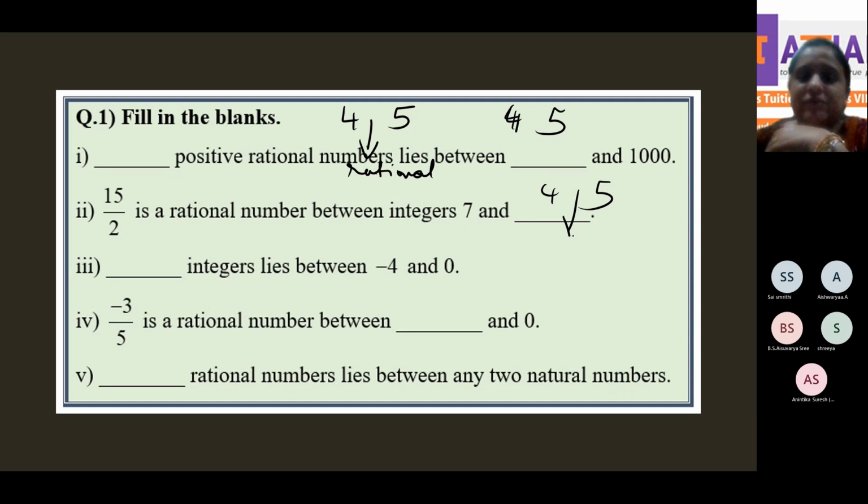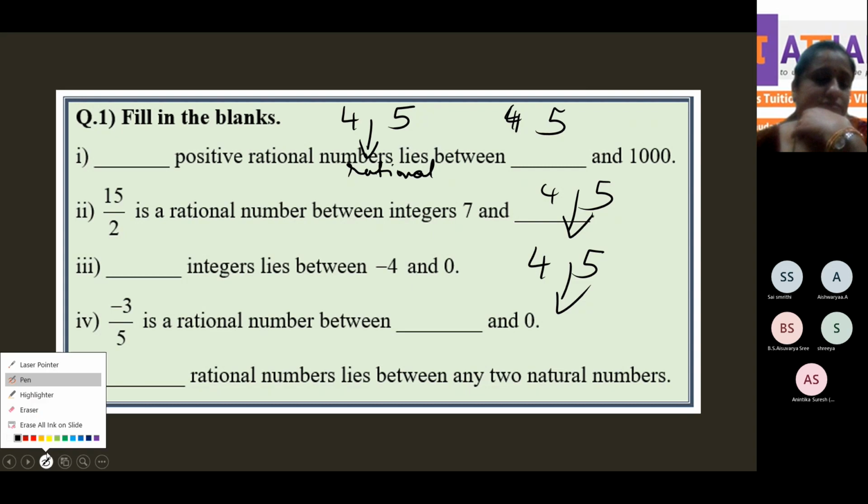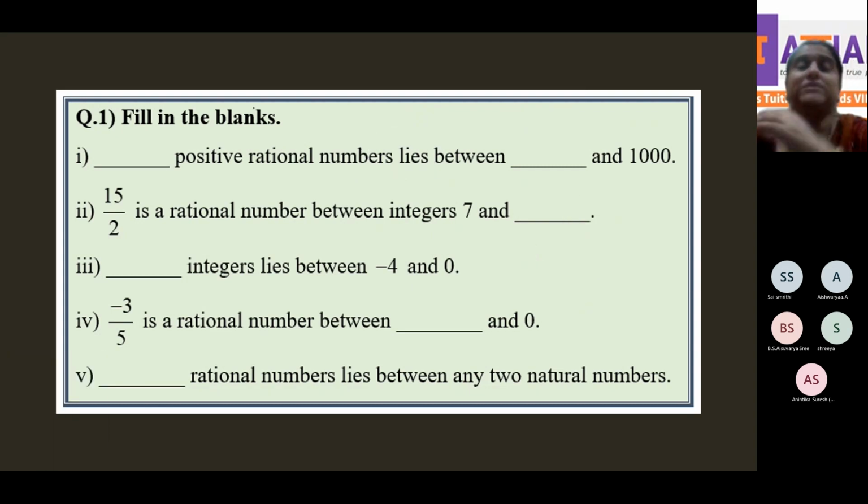There is no natural number between any two consecutive natural numbers. But there are infinitely many rational numbers between any two numbers, even between the closest of the closest numbers like 0 and 0.0001.